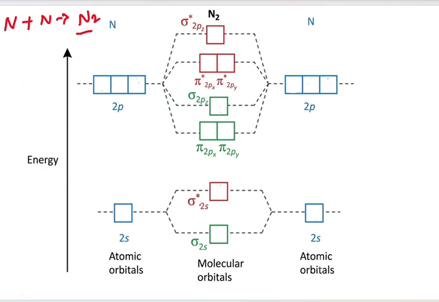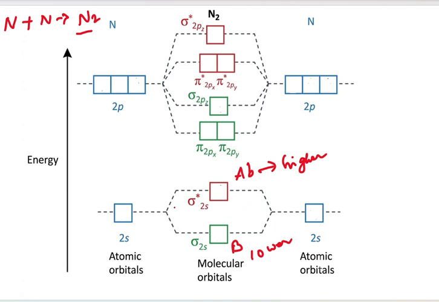Molecular orbitals having lower energy are called bonding molecular orbitals, and the second type is called anti-bonding molecular orbitals. Generally, bonding molecular orbitals have lower energy, whereas anti-bonding orbitals have higher energy.